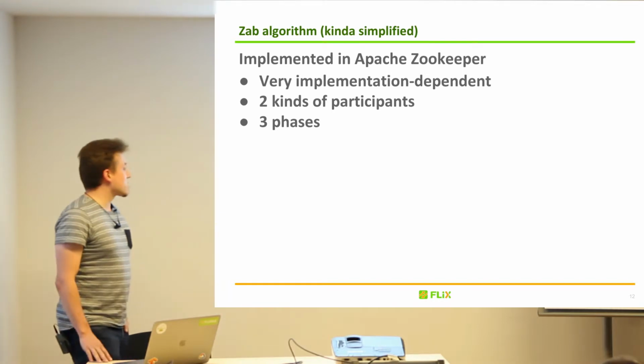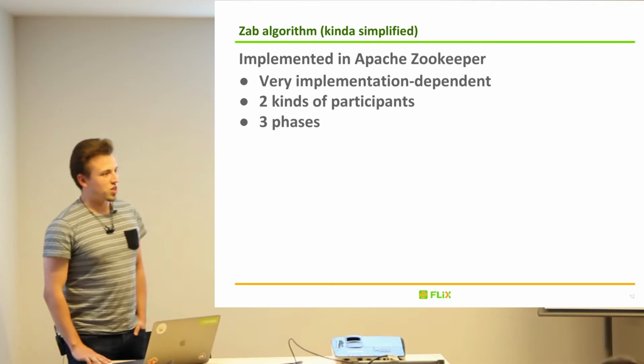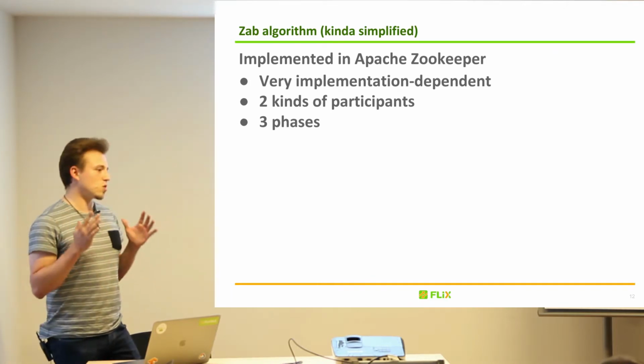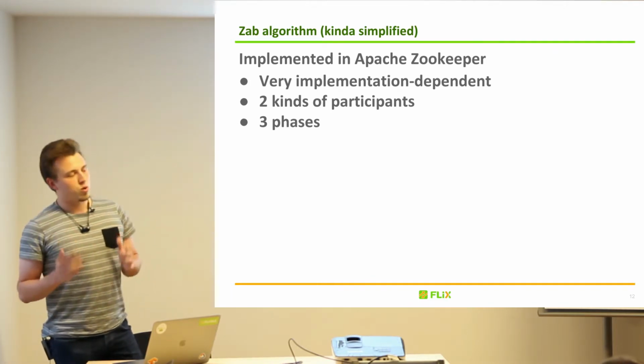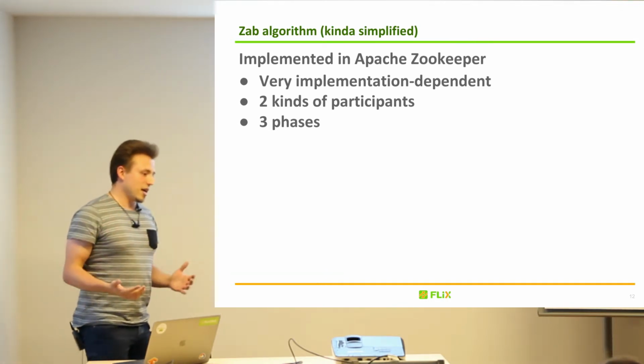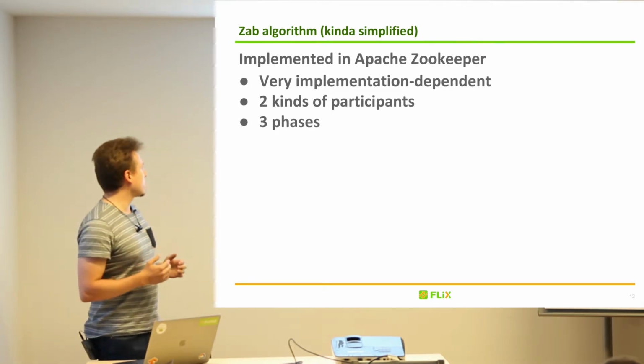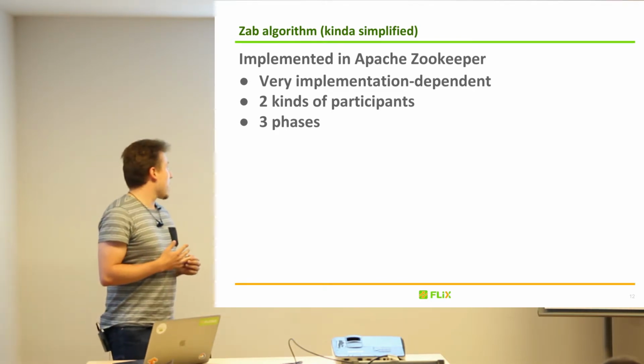So it was very specific. For example, Paxos that you mentioned was in a paper, so it was in very general terms. It was applicable not only for computer systems, but in general. And Zab was developed specifically for Apache Zookeeper.